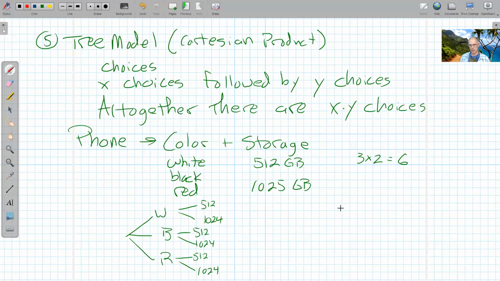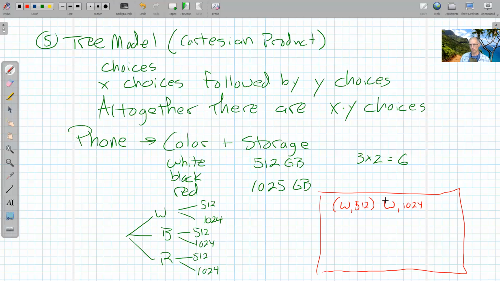If I were to draw it as a Cartesian product, it's going to look a little different, but it's the same idea. Cartesian product just says, write down the description of each phone. So I would have a phone that's white with 512 gigabytes as one option, or a white phone with 1024 gigabytes.